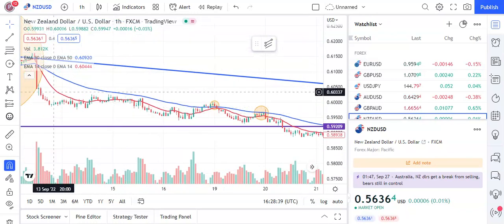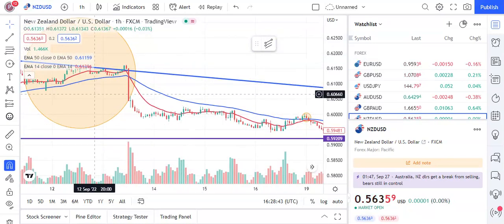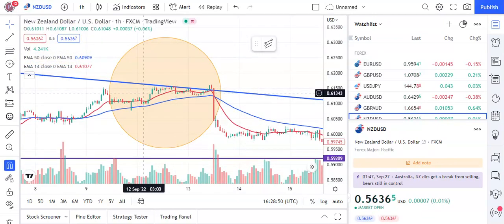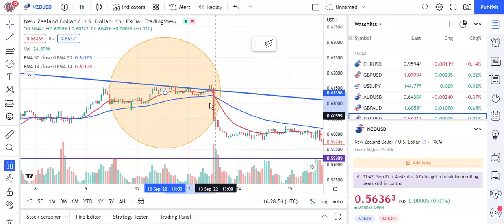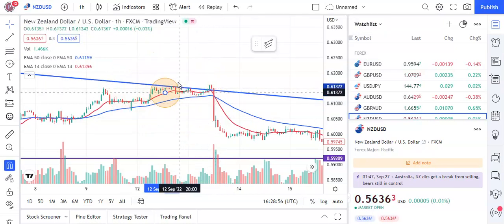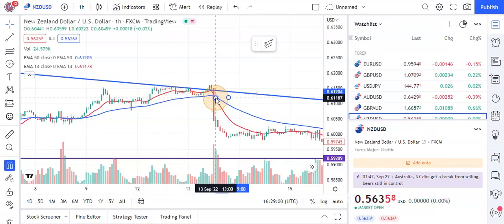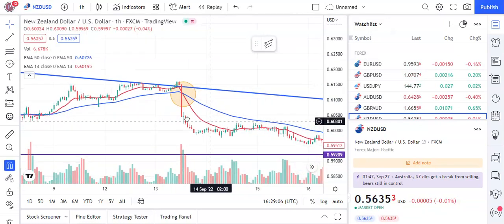Now, as you can see, price came down. The red line crosses below this 50 line, this blue line, that is the 50 EMA.